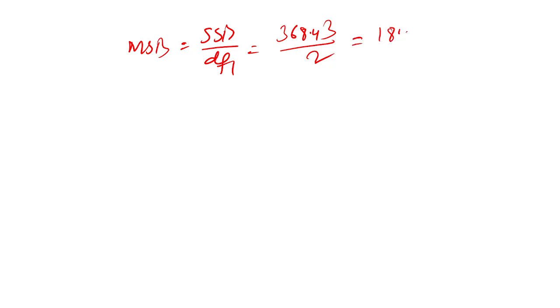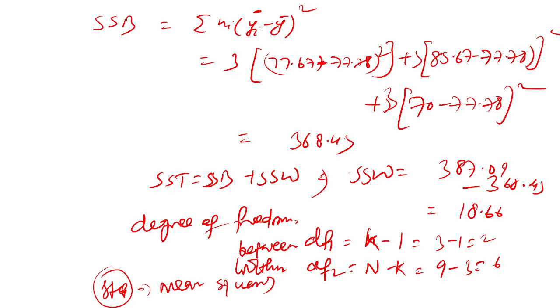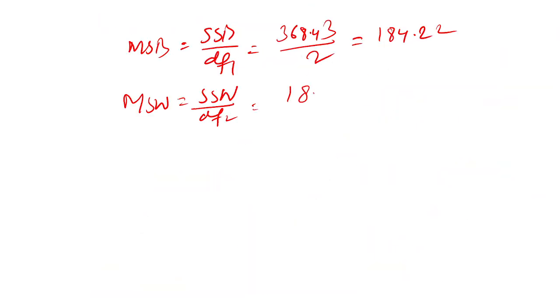How much did it come to? 184.22. MSW, how much do we have? SSW by DF2. SSW is 18.66 by 6, 3.11.